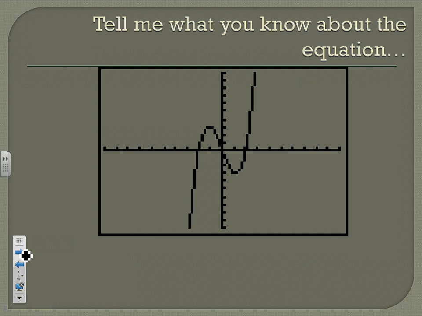Okay, sometimes they're not going to give us anything but a picture. And we have to say what we know about this graph just based on what we see with the end behaviors. Well, I see I've got one arrow that's pointing down and one arrow that's pointing up. So I know right away if they're going in opposite directions, then I know it's got to be what kind of function?